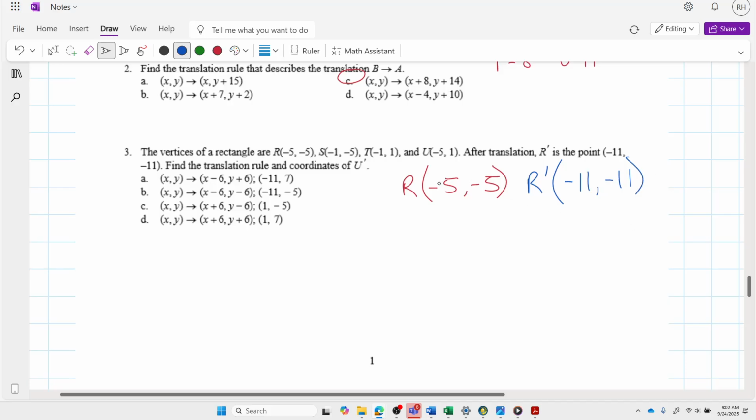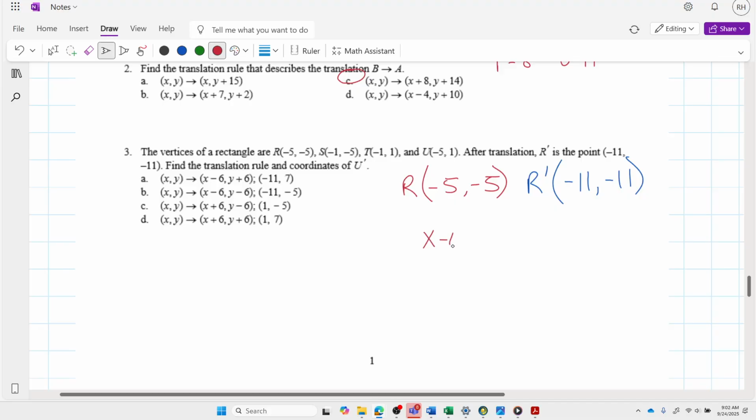What was the change in the x's? If you're at -5 and you go to -11, how much of a change is that, and which direction is it? Aren't you going left 6? You're going from -5 to -11, so you're going left 6. So that would be x minus 6, right? Okay.